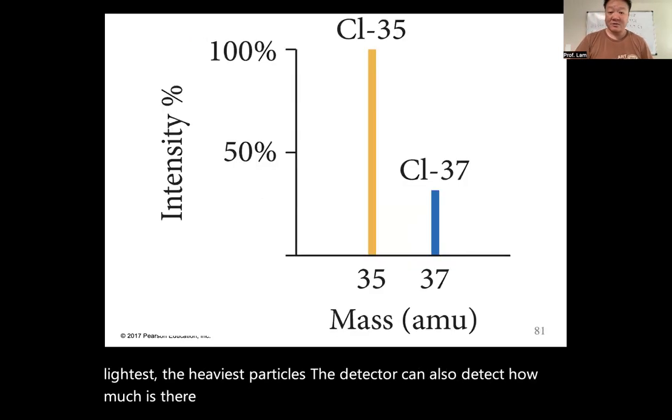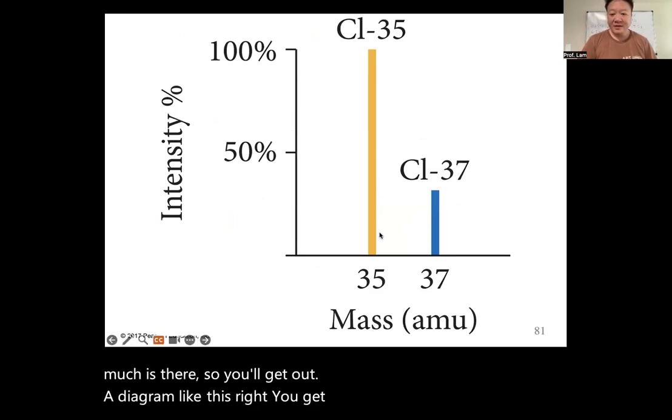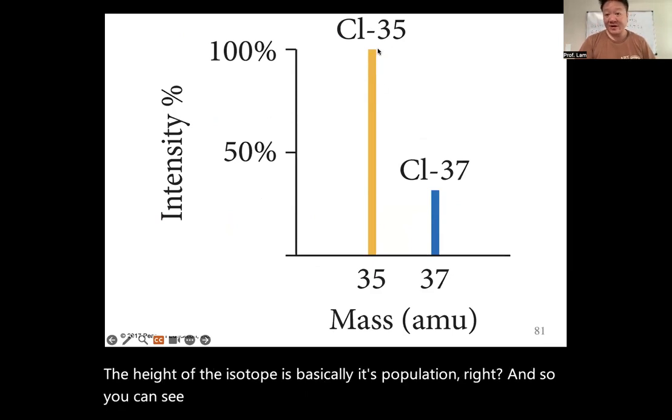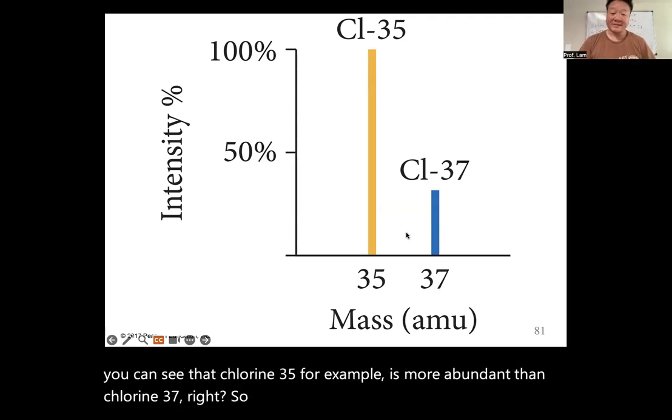So you'll get out a diagram like this. The height of the isotope is basically its population. You can see that chlorine 35, for example, is more abundant than chlorine 37, so it separates them out by mass.